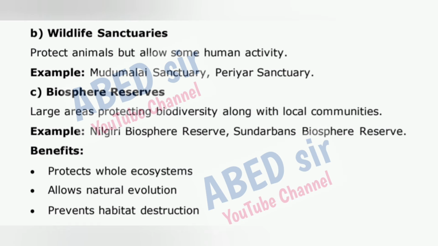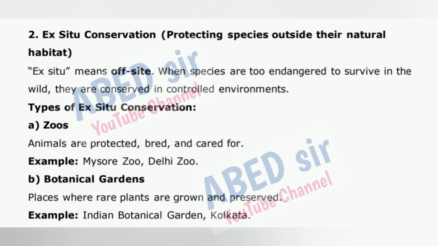Large areas protecting biodiversity along with local communities. Example, Nilgiri Biosphere Reserve, Sundarbans Biosphere Reserve. Benefits. Protects whole ecosystems. Allows natural evolution. Prevents habitat destruction. 2. Ex situ conservation, protecting species outside their natural habitat.